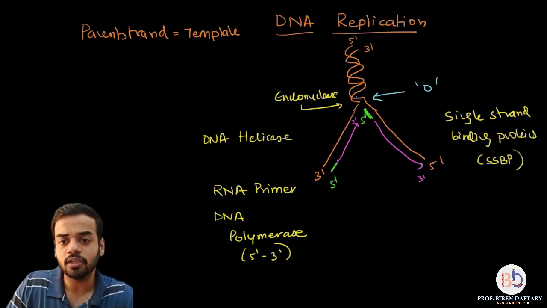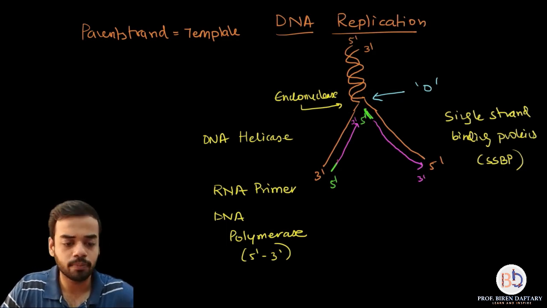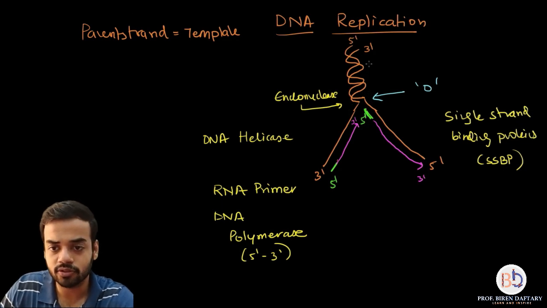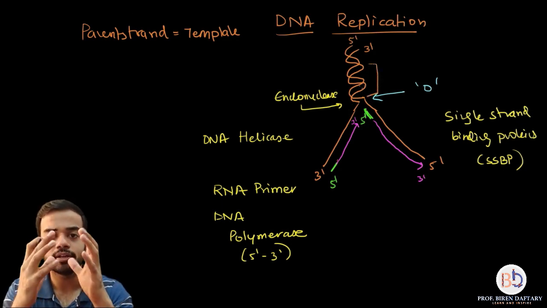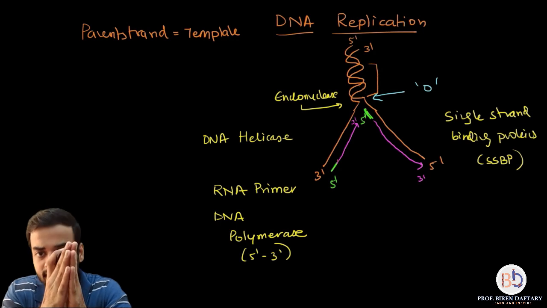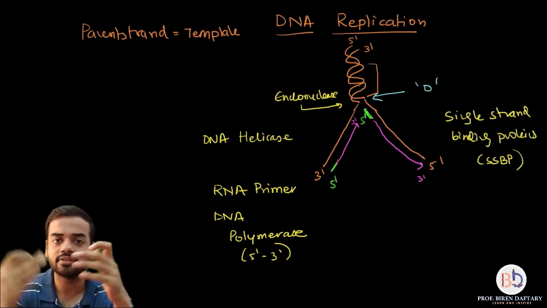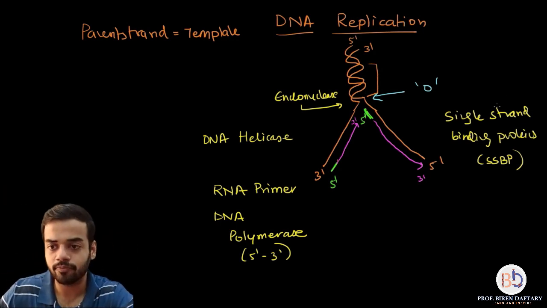Now what will happen? So DNA helicase will open this upper part which is present, so this part which is now coiled, the hydrogen bonds will be broken and they will be opened up by helicase. So further opening up will take place.